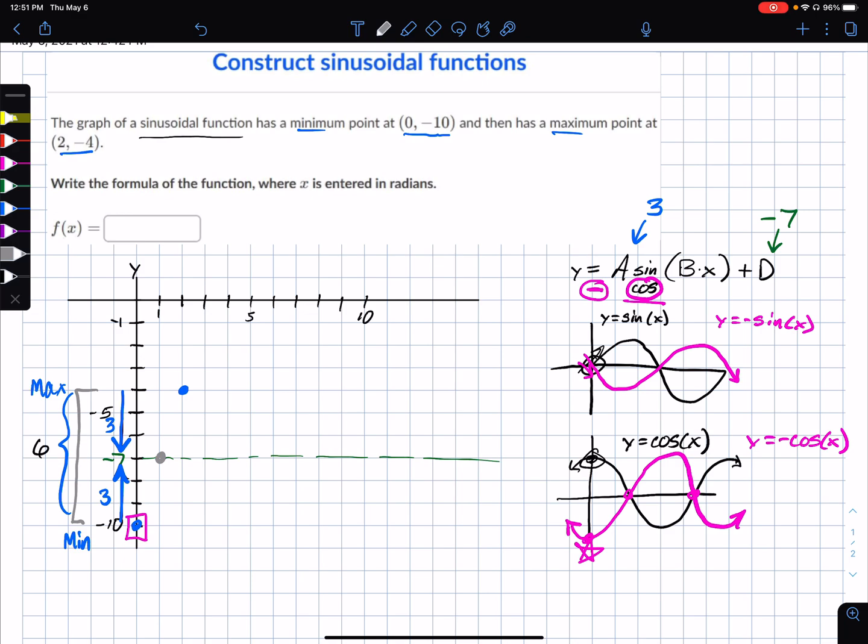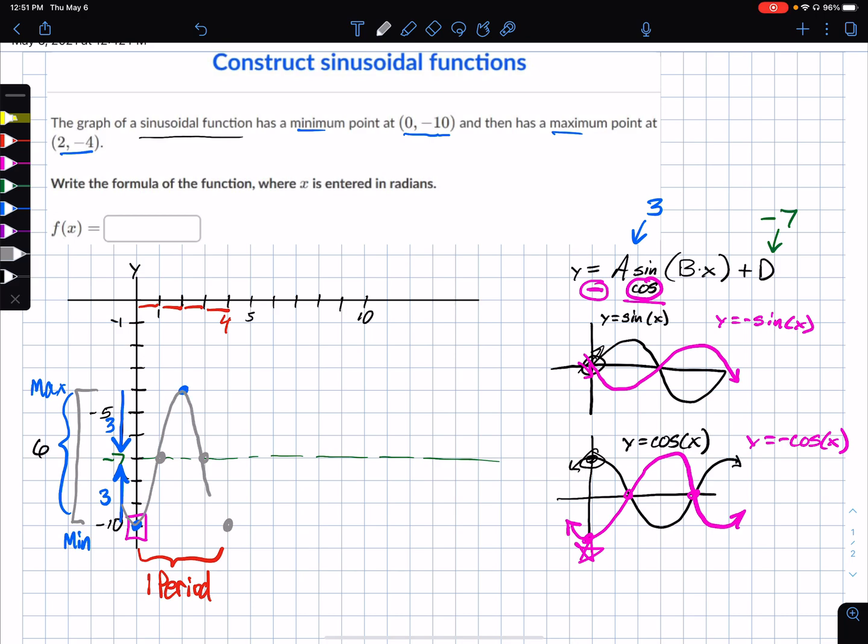And then from the maximum back down to the minimum, we pass through the midline again and ultimately get to a minimum one period later. And I'm going to highlight that here as one period, and we can count that off since it took 1, 2, 3, 4 units to get through a whole cycle.